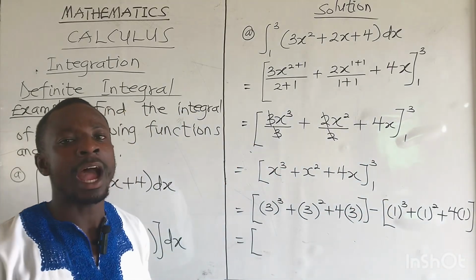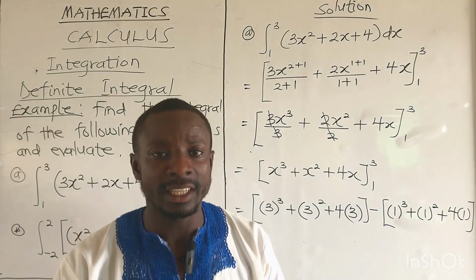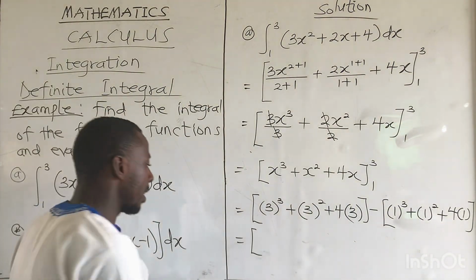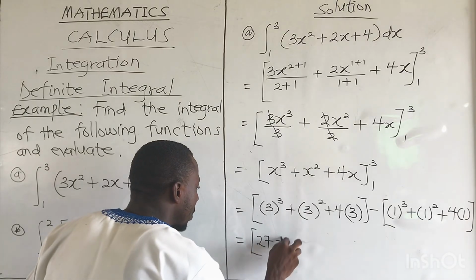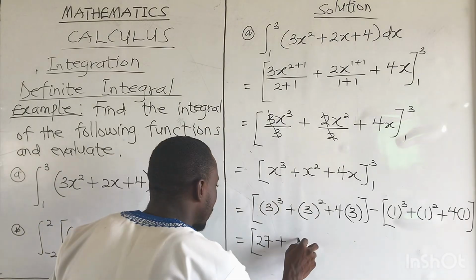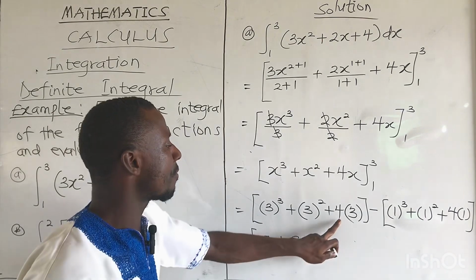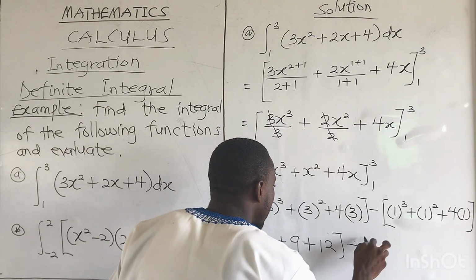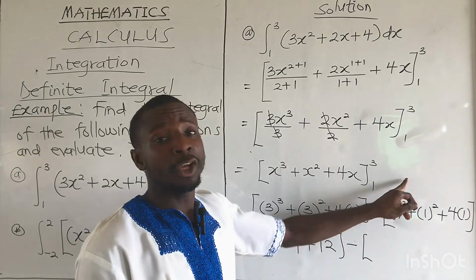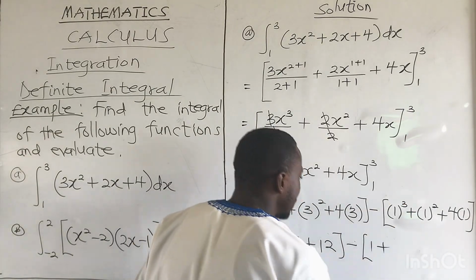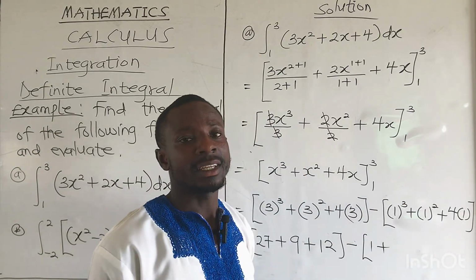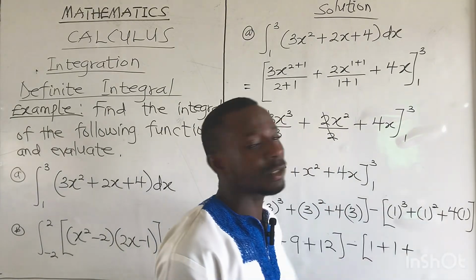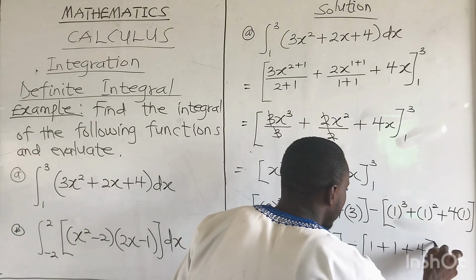Taking them one by one: 3 cubed is 27, plus 3 squared is 9, plus 4 times 3 is 12, minus 1 cubed is 1, plus 1 squared is 1, plus 4 times 1 is 4.